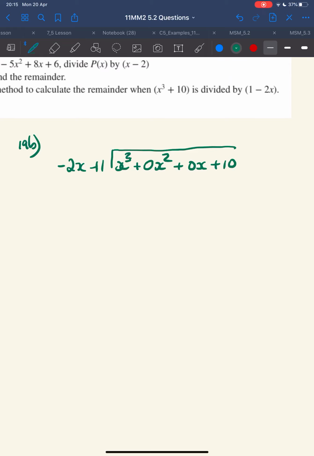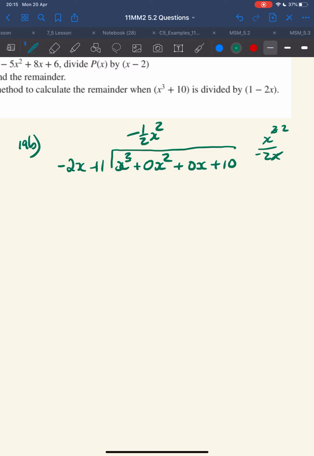My first one is, what is x cubed divided by negative 2x? That cancels. So my answer will be minus x squared over minus 2, which is the same as negative a half x squared.